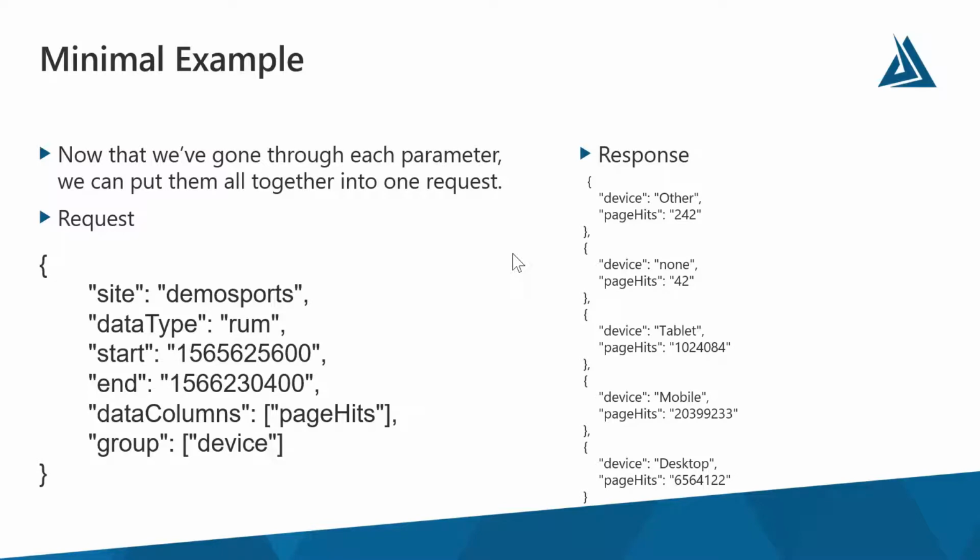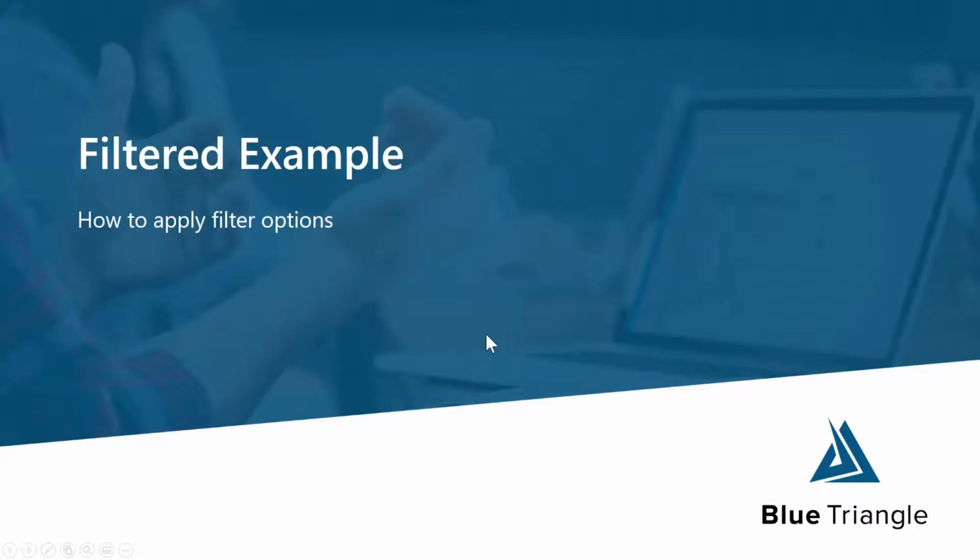If you look at the response, you can see each device is listed here along with the number of page hits over that time period. So this is kind of like the basics, but what if you want to filter this data down even further? That gets us into how to apply filter options.